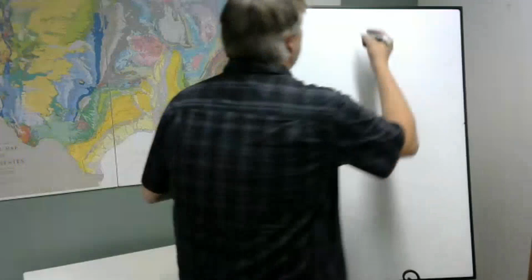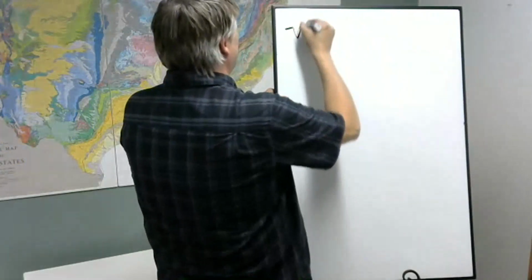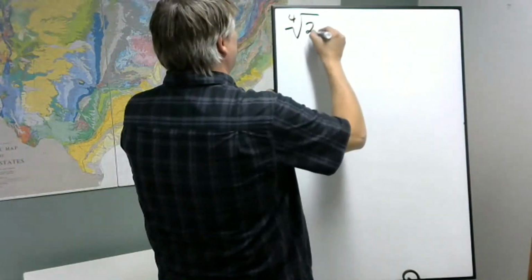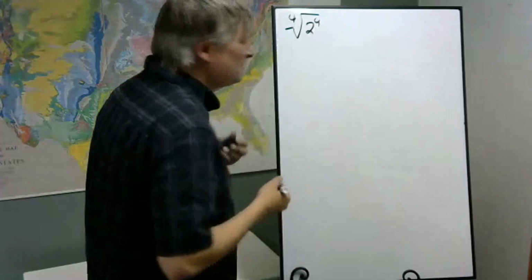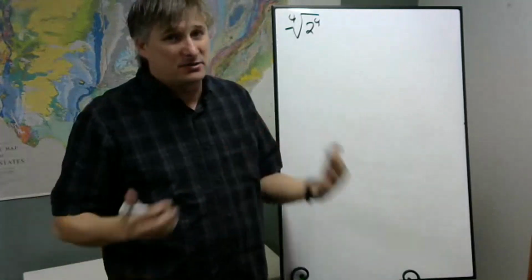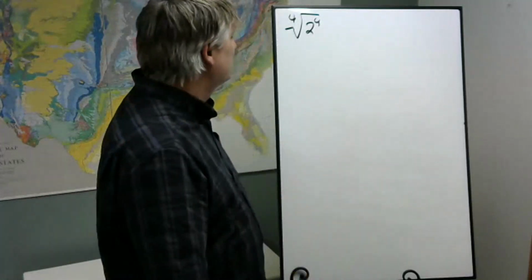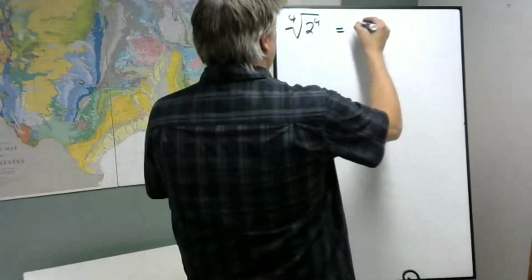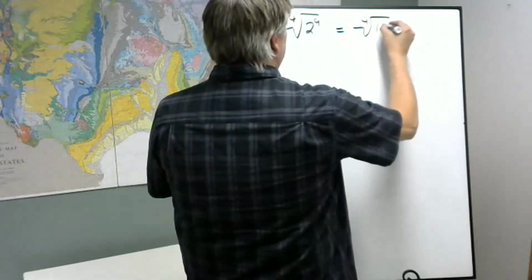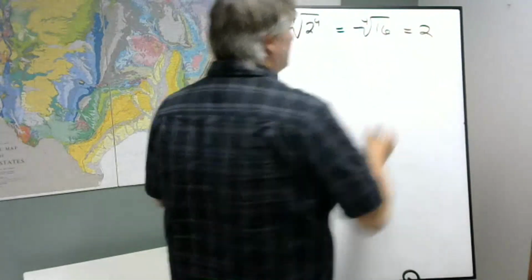So let's take a look at even them. Let's say we take the 4th root of 2 to the 4th. And to be honest, I'm going to use that convention of positive and negative root again. Well, this will be the 4th root of 16, and we know that's going to be 2.